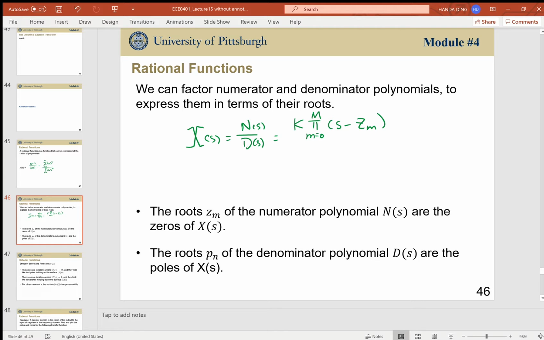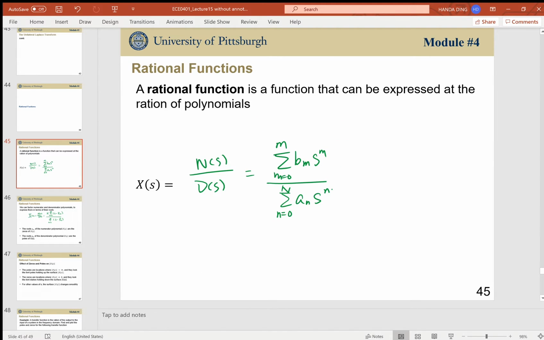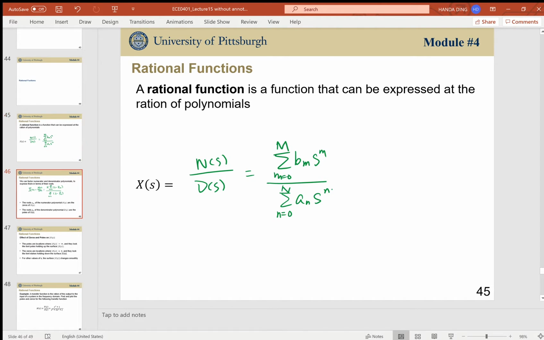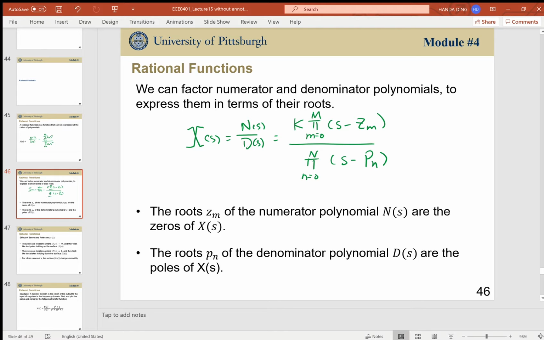ZM stands for zeros, and P stands for how many poles you have. Oh, sorry, I think I need to mention that the roots of the numerator are the zeros of X(s).